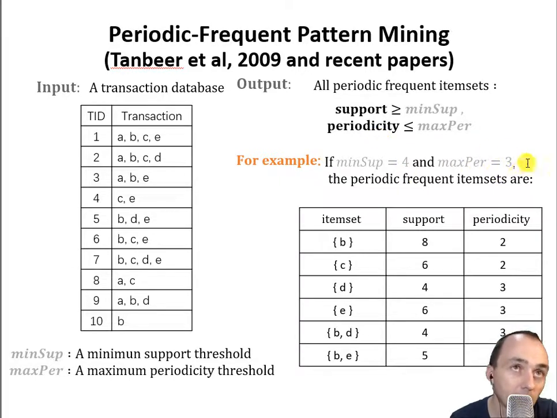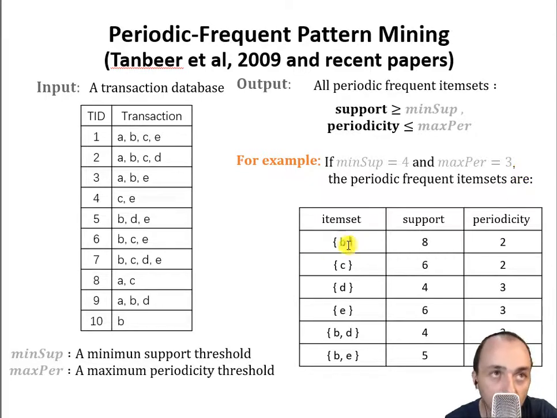And the maximum periodicity means we want to find sets of items that never go more than 3 days, or 3 weeks, for example, without appearing. So here B has a periodicity of 2 because B usually appears at least every 2 transactions. Never will it appear after more than 3 transactions. So we say that B is periodic. Okay, so this is the traditional problem definition.